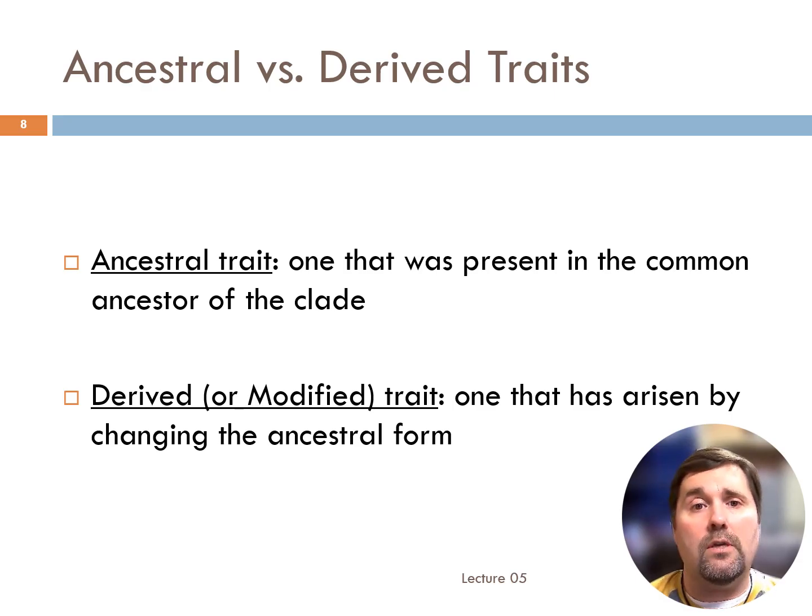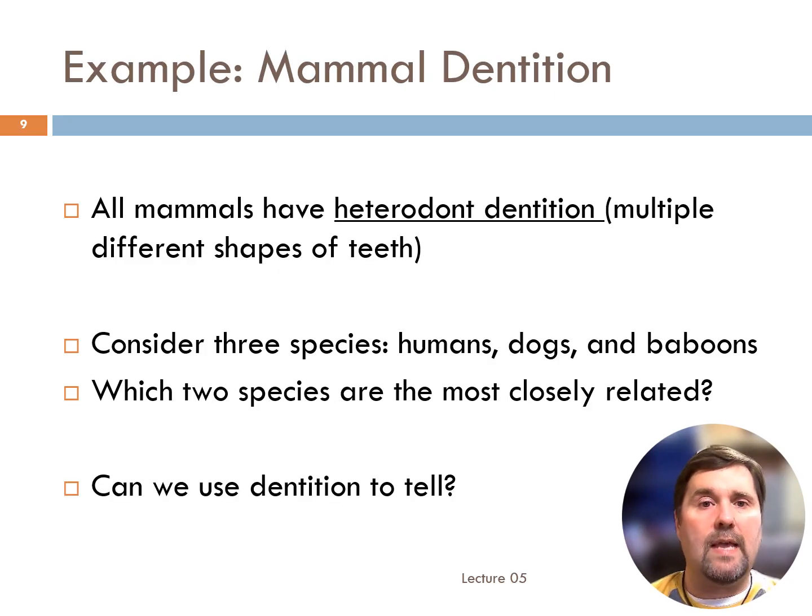Species with shared derived characteristics belong to the same clade, because their traits all developed from the same ancestral form. The more shared derived traits 2 species have in common, the more recently they shared a common ancestor. For example, having multiple different kinds of teeth, a trait called heterodont dentition, is an ancestral trait of mammals.